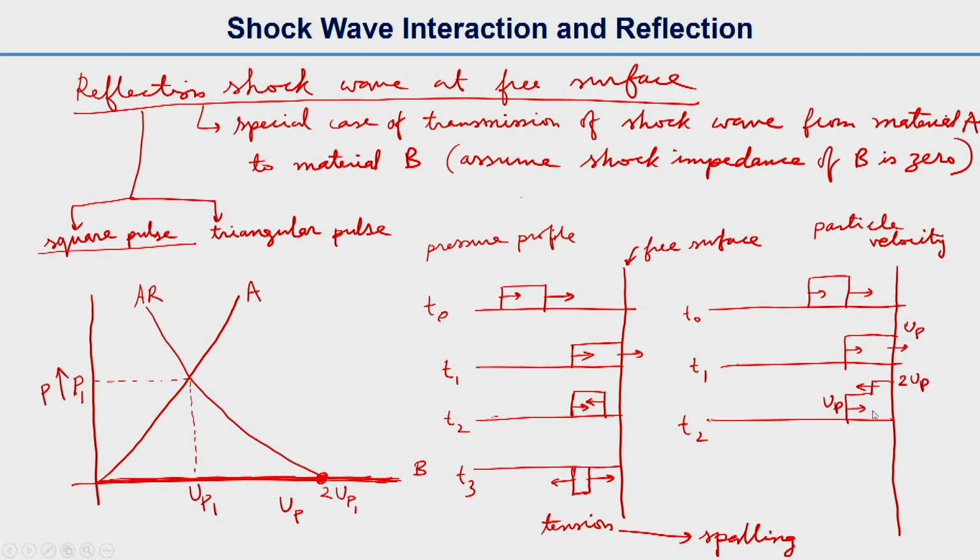Both the release waves will interact, and at time t3 we get the result of this interaction. So this is time t3. So basically, the reflection at the free surface can cause spalling if the tension has sufficiently high amplitude. Thank you.